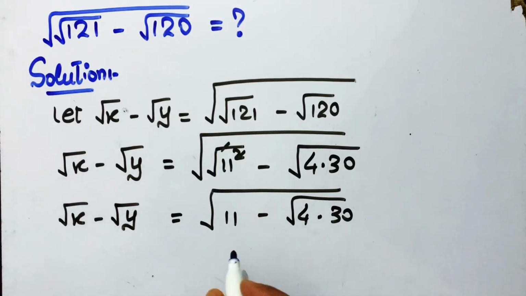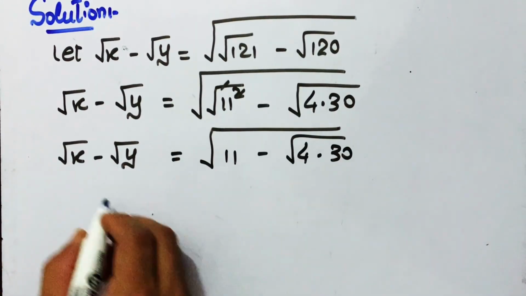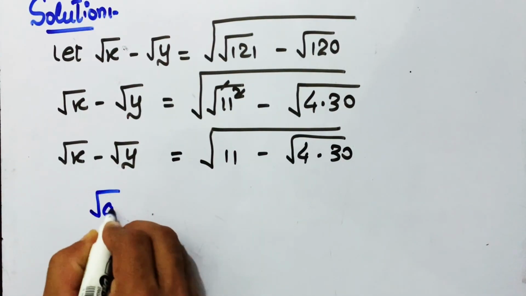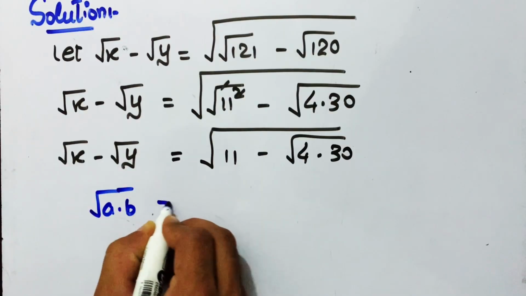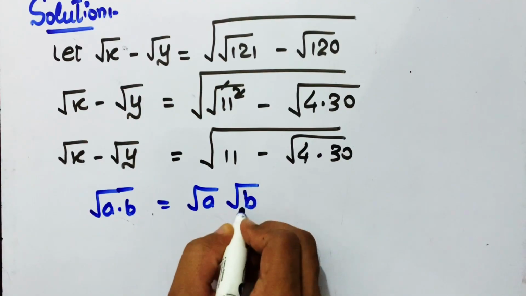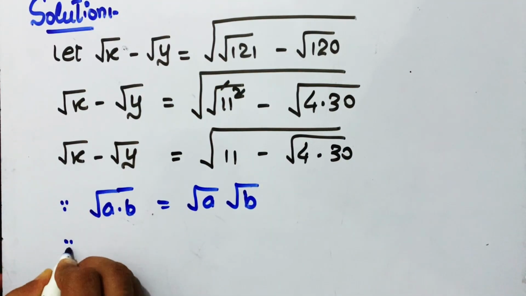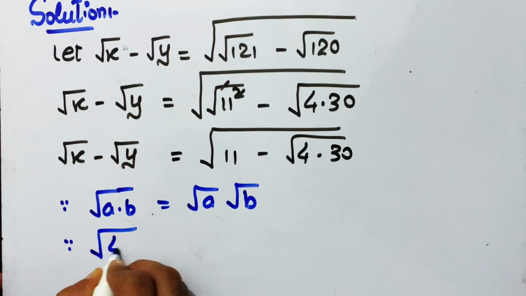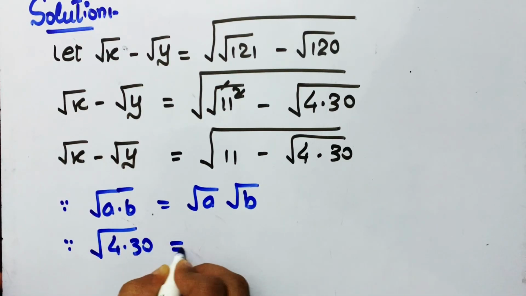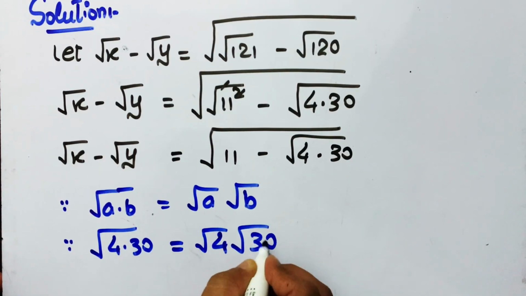As you saw, this is a multiplier term, so the square root of a into b is equal to the square root of a times the square root of b. So the square root of 4 into 30 is the square root of 4 and the square root of 30.